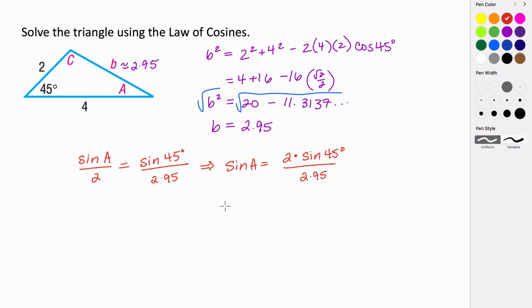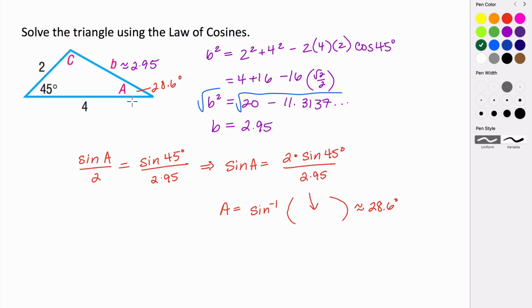Take the inverse of this to get the measure of angle A, so A is the inverse sine of all of this. Plug this into your calculator, and you'll get that the measure of angle A is about 28.6 degrees.